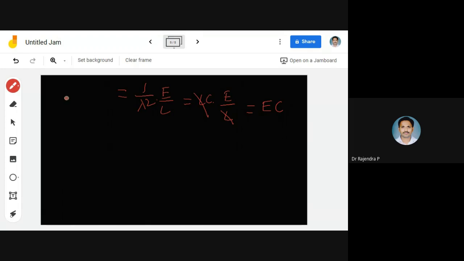So this is your particular integral, PI. Now, while writing your complete solution, it should be in the form of Q in terms of t. Q is equal to complementary function plus particular integral. The complementary function we got is C1 cos lambda t plus C2 sin lambda t, plus EC. Is it correct? Are you following correctly?